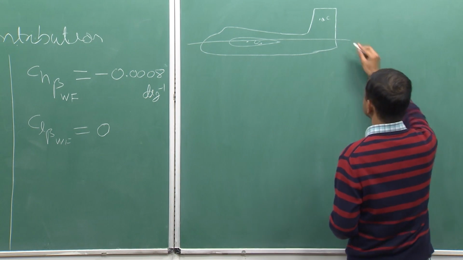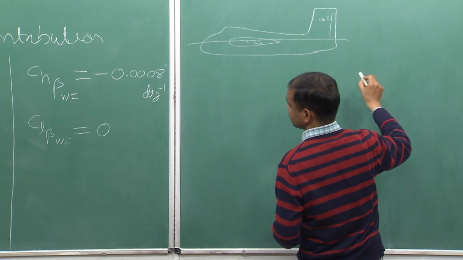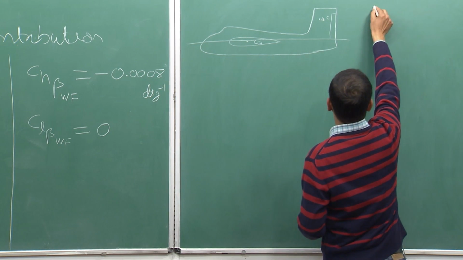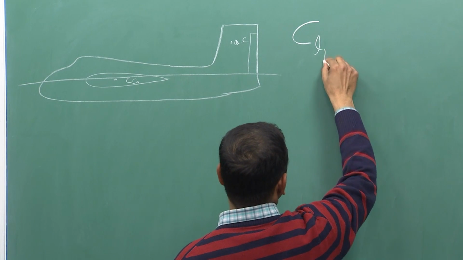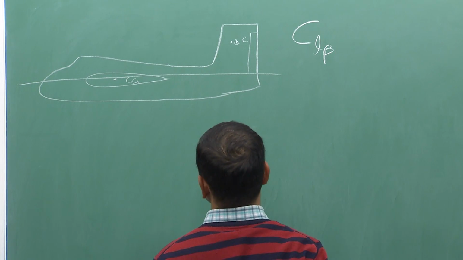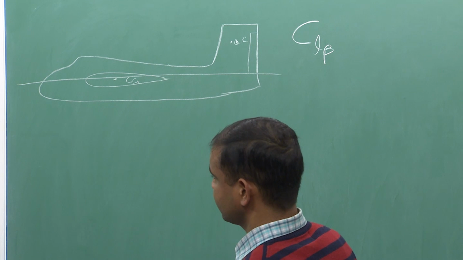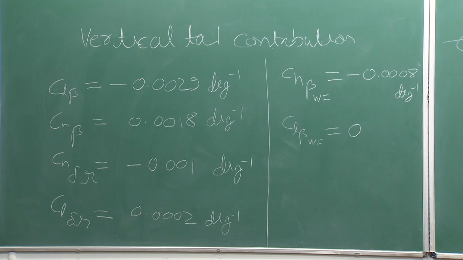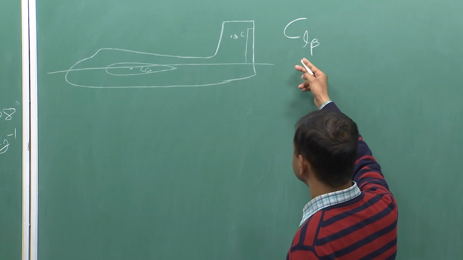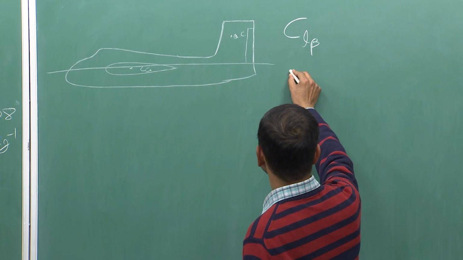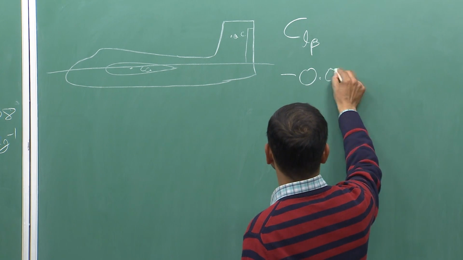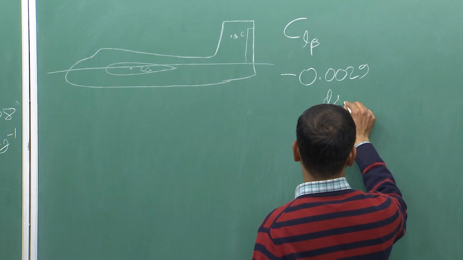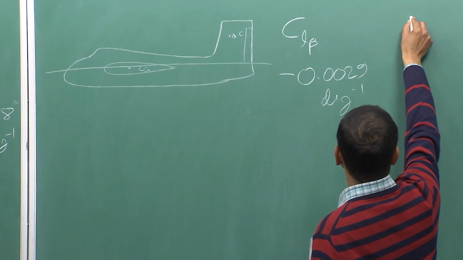Now, this is the rudder. What will be the value of Cl beta for this design? The contribution of the vertical tail to Cl beta is minus 0.0029 per degree, and the wing and fuselage contribution to Cl beta is 0. So, the net value of Cl beta for this aircraft will be minus 0.0029 per degree.